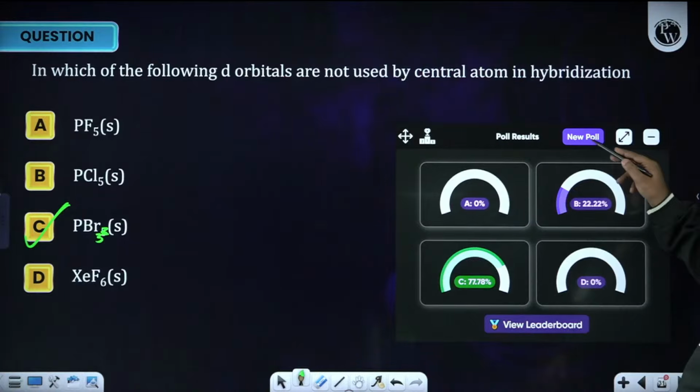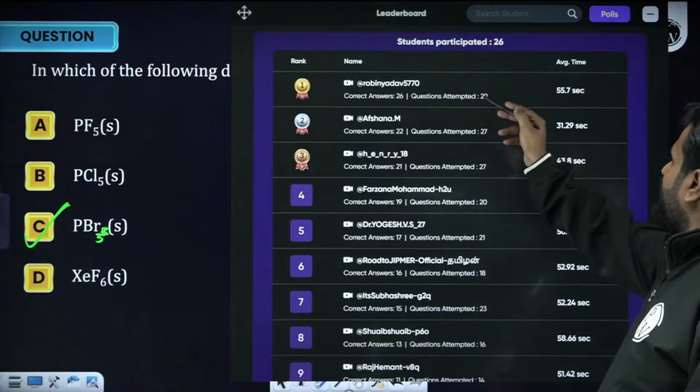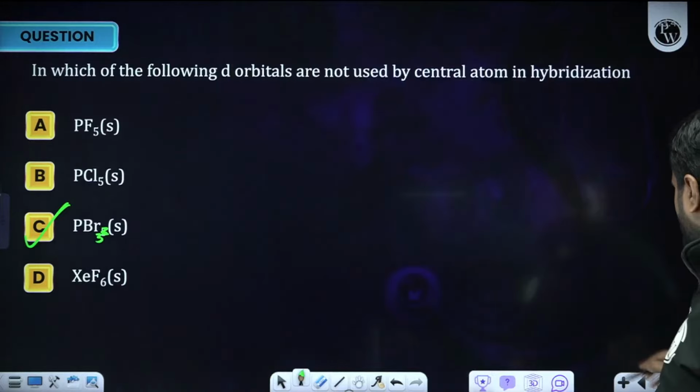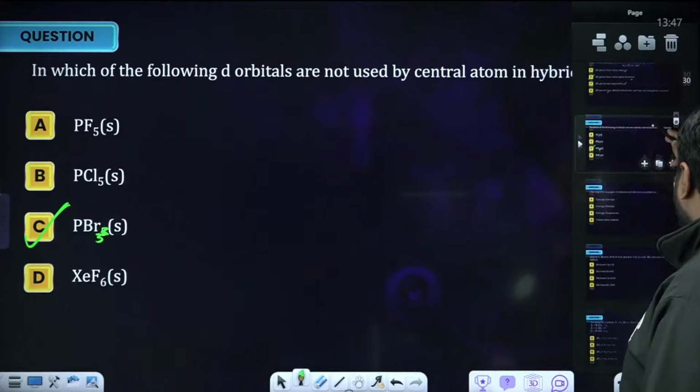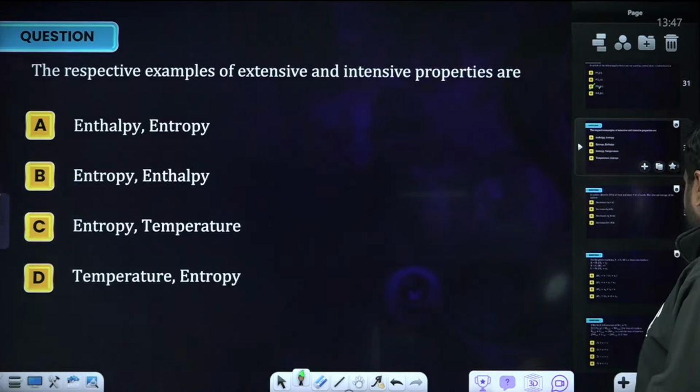Okay. So till now, how many questions have we completed? Till now, nearly 29 questions completed. So let me move further. Next I'm moving into thermodynamics.